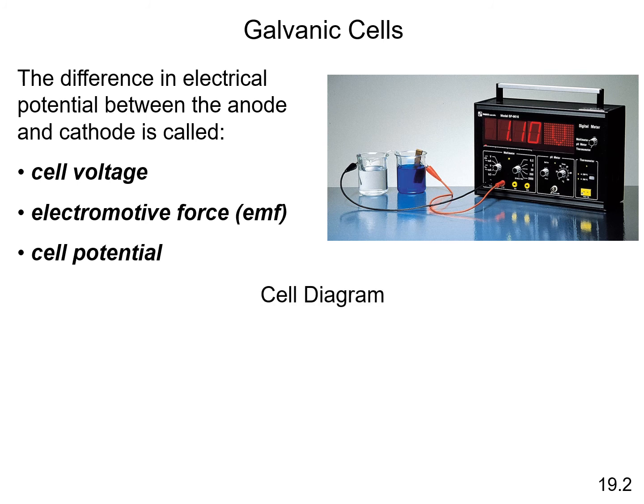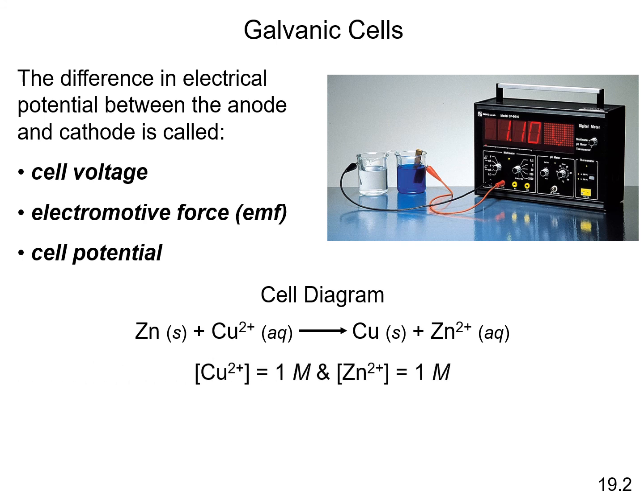Okay, and in the galvanic cell, it generates what we call the cell voltage, meaning the difference in electrical potential between the anode and the cathode. So that's called the cell voltage, or the electromotive force, or the cell potential. And again, the reaction can be represented in what we call the cell notation.